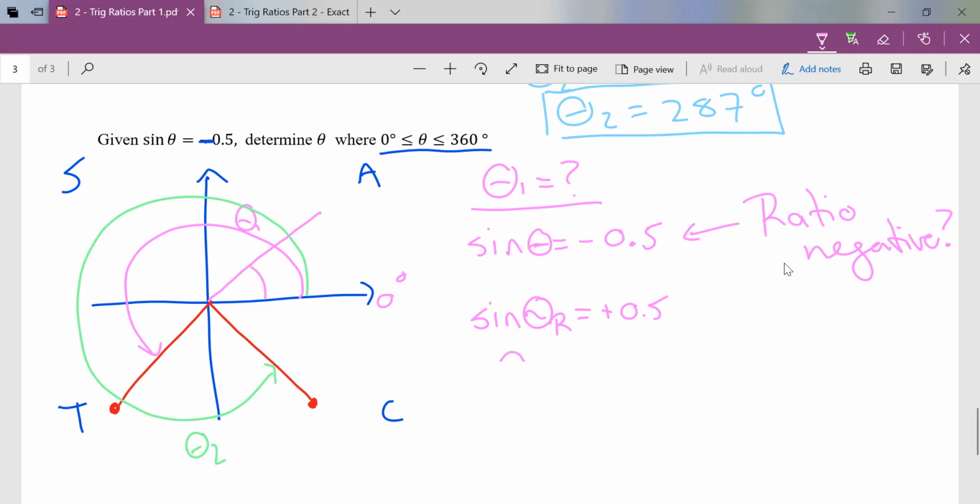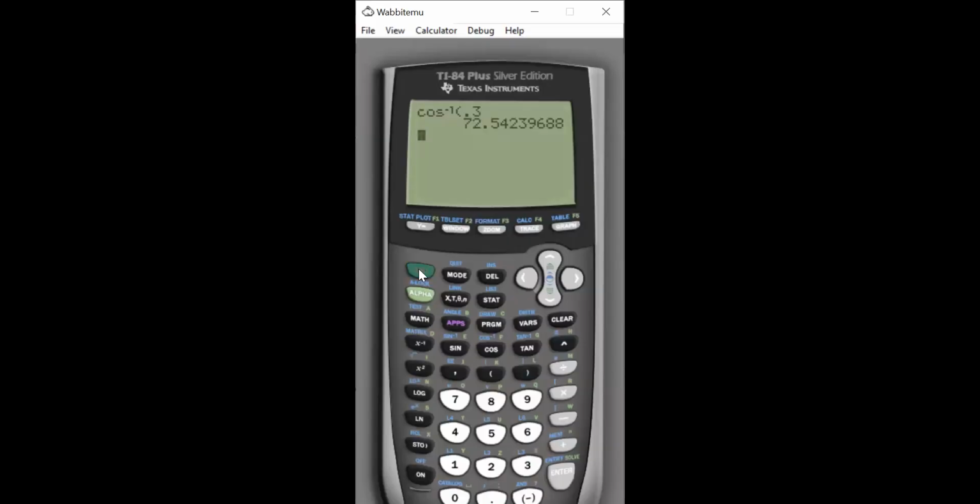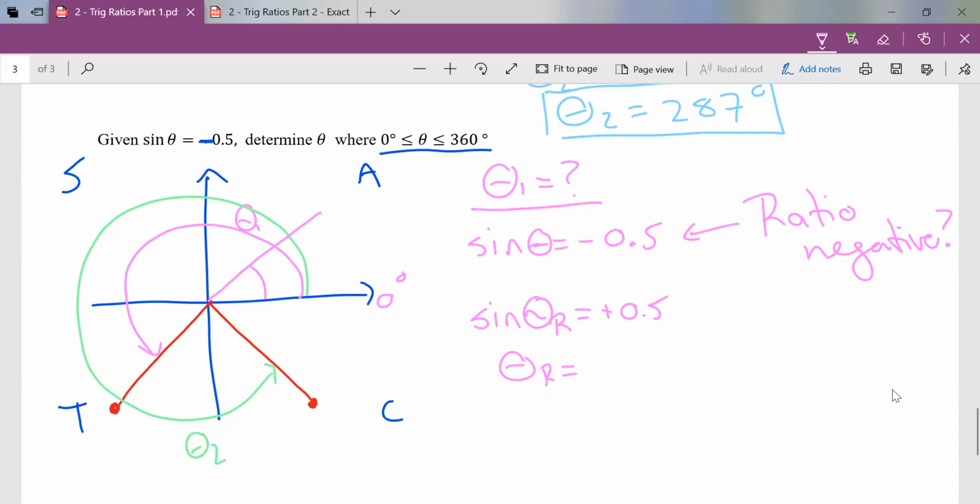So now I do the sine inverse of both sides. And again, I'll show you that just in case. Make sure you're in degree mode. Okay, so sine inverse 0.5, and it's 30 degrees. Beautiful. So we go back to here, and we just found our reference angle is 30 degrees.